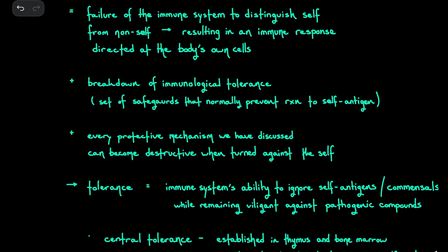So now my body deems some sort of self-antigen to be pathogenic. So I bind the self, and then I release compounds that target the self, which then cause damage to the self.